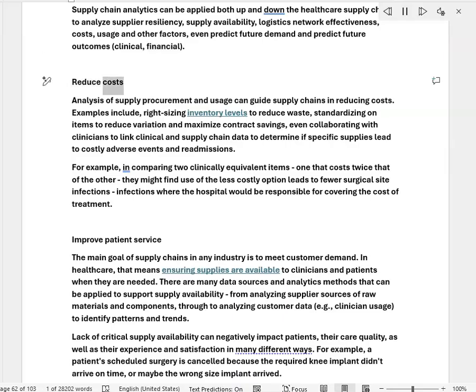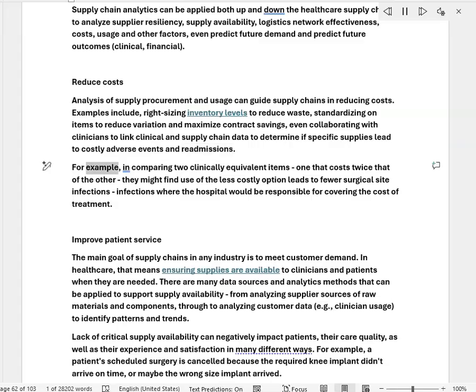Reduce costs. Analysis of supply procurement and usage can guide supply chains in reducing costs. Examples include right-sizing inventory levels to reduce waste, standardizing on items to reduce variation and maximize contract savings, even collaborating with clinicians to link clinical and supply chain data to determine if specific supplies lead to costly adverse events and readmissions.